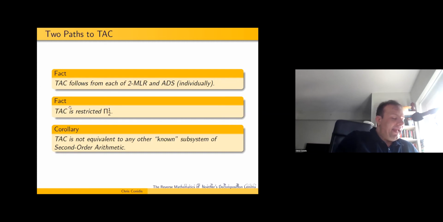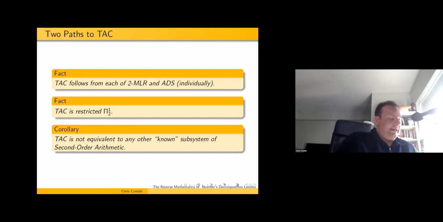And it falls into a syntactic class of statements that are called restricted pi12. You can find these things in the paper by Dennis and Richard, and also Dennis, Richard, and Ted's paper. The first paper is about combinatorial principles weaker than Ramsey's theorem for pairs, and the second paper is about the atomic model theorem.